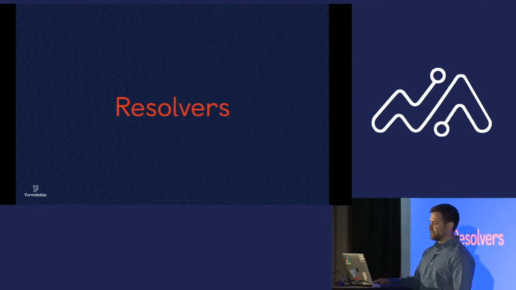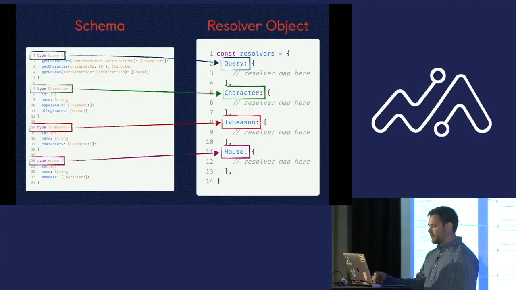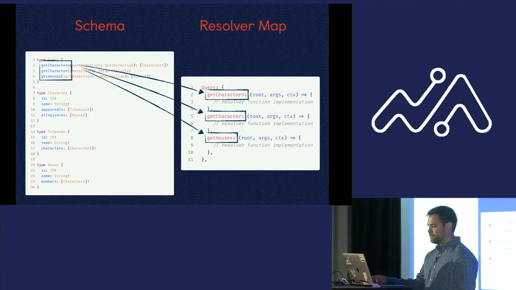So let's move on to the resolvers. A GraphQL resolver is just a function that returns something. They're written for all of your queries, mutations. You can write them for fields and more. Here's how a resolver is structured. You essentially provide an object with a key for each type in your schema. Inside of that keyed object is a resolver map.